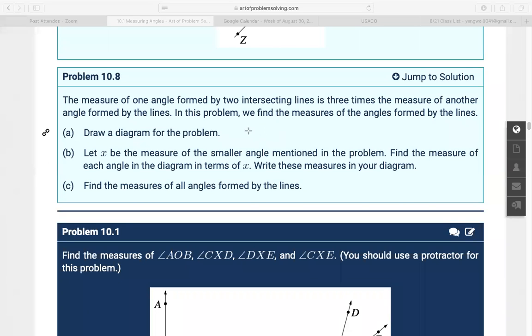So that means if you draw one line like this, and another line, maybe I draw like this.